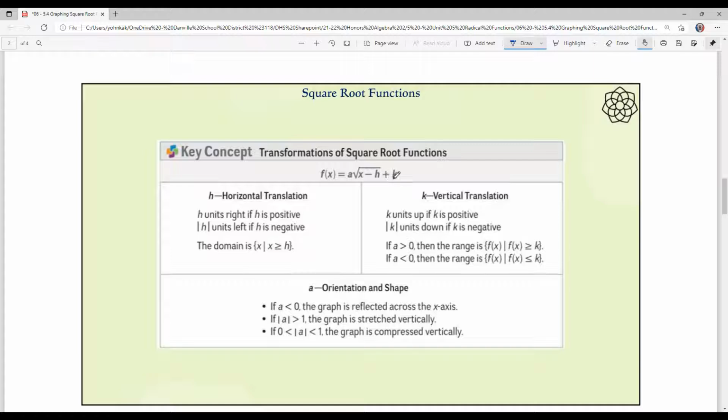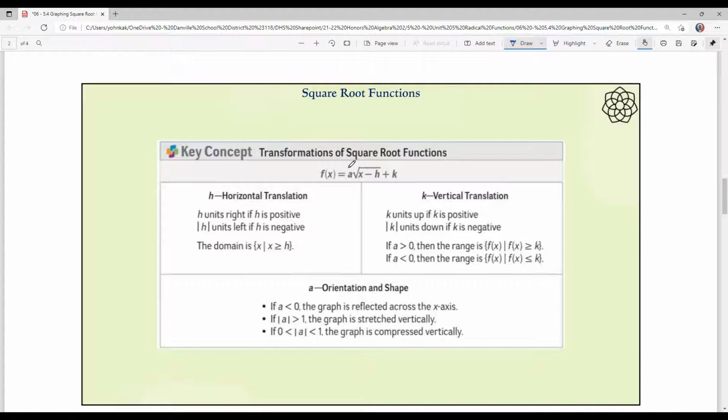Then my vertical translations are going to be connected to my k value. If my k is positive, then my whole function goes up. If my k is negative, then my whole function goes down. Notice that in addition to the k value telling me my range, it also helps me to see if it's greater than that number or less than that number. And that depends on the a value that's in front.